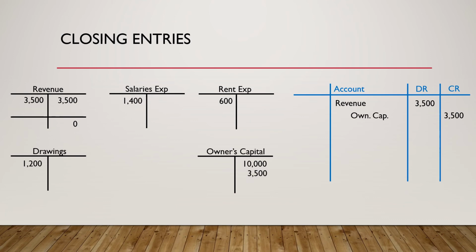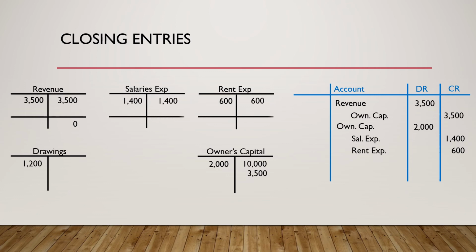Doing so clears revenue to zero, moving its credit balance into owner's capital. Do the same for expenses. Credit salaries expense and rent expense, and debit owner's capital for their combined balances. Expenses are now at zero, and owner's capital has an $11,500 credit balance.